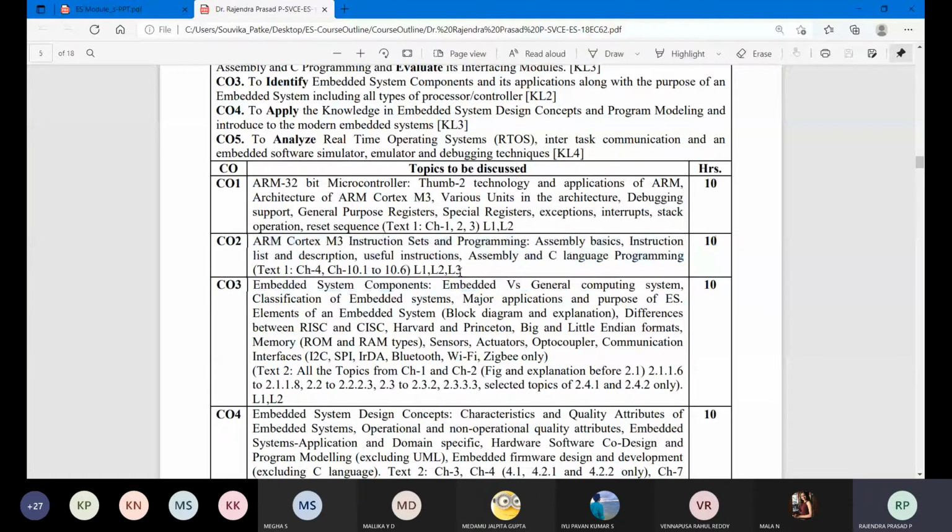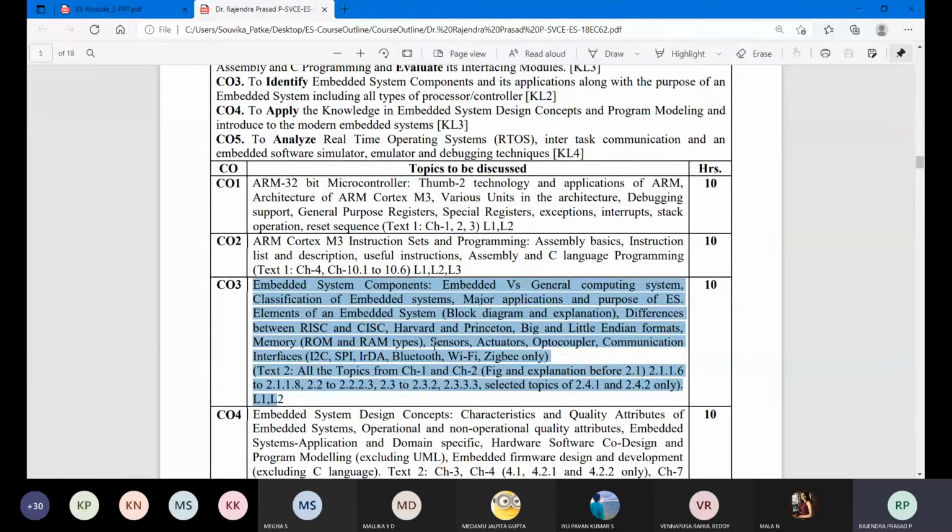Coming to module 3, we have embedded system components, embedded versus general computing system, classification of embedded system, major application and purpose of embedded system, elements of an embedded system, block diagram explanation, differences between RISC and CISC, Harvard and Princeton, big and little endian formats, memory formats, sensors, actuators.